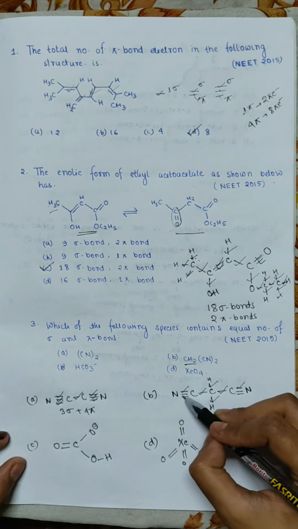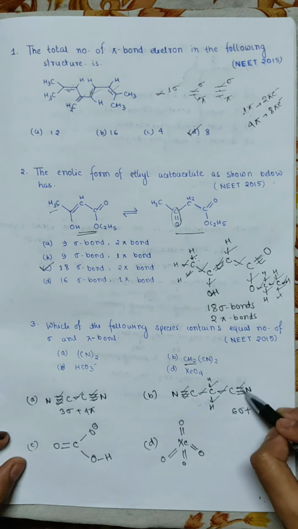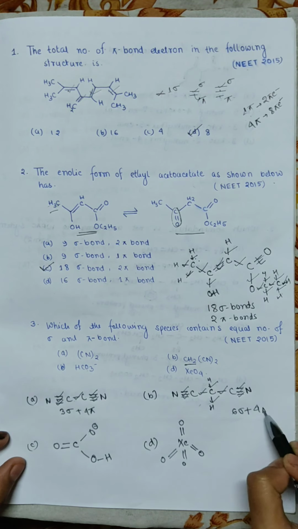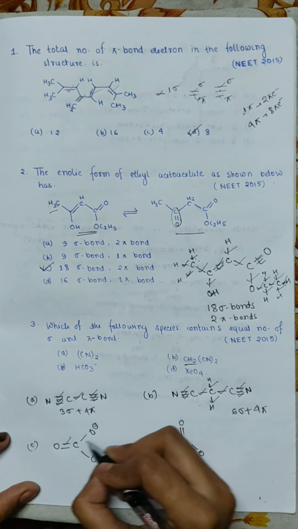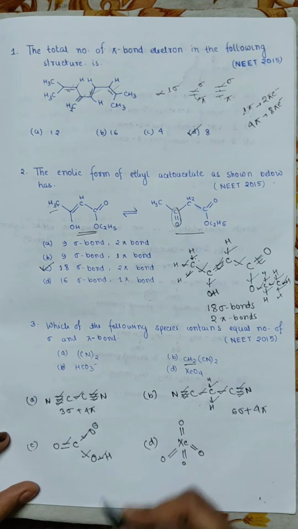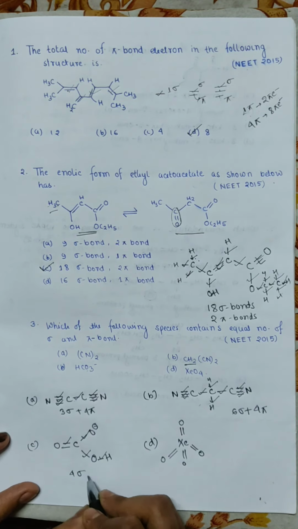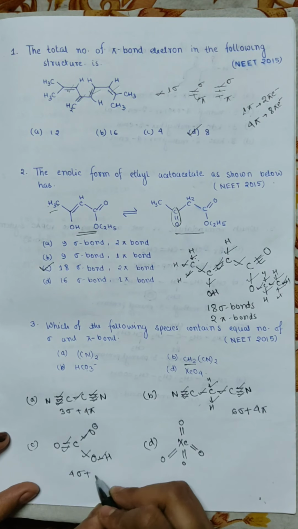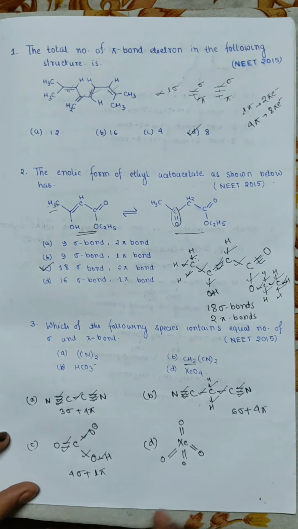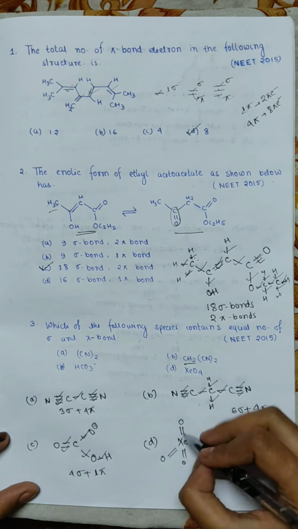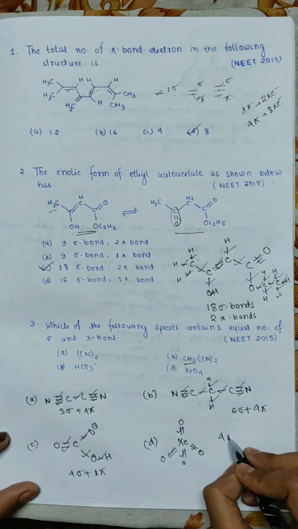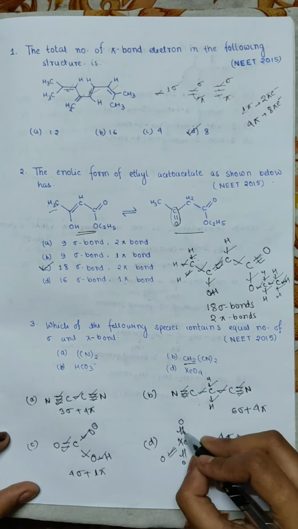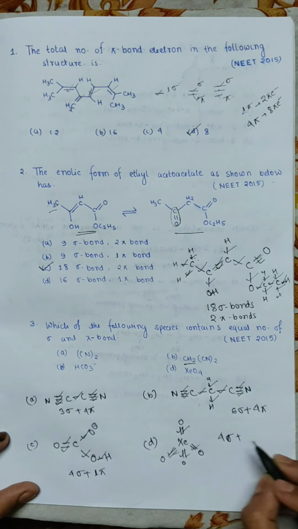And pi bonds are 1, 2, 3, 4. 4 pi bonds. The next option C has 1, 2, 3, 4. 4 sigma bonds and 1 pi bond. And in case of option D, it has 1, 2, 3, 4. 4 sigma bonds and 1, 2, 3, 4.